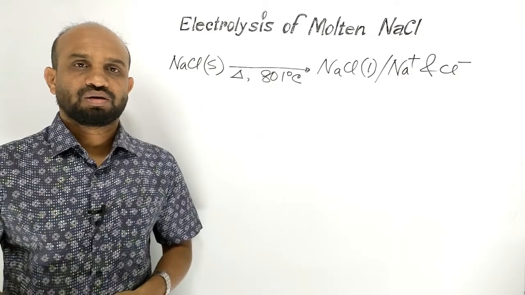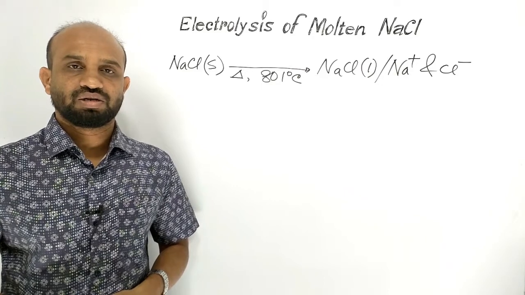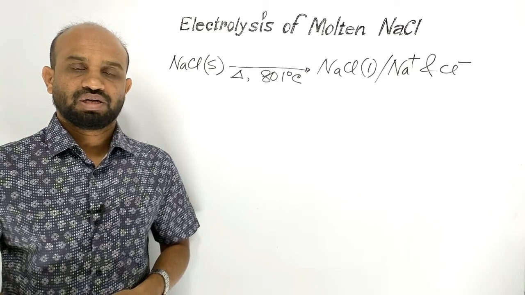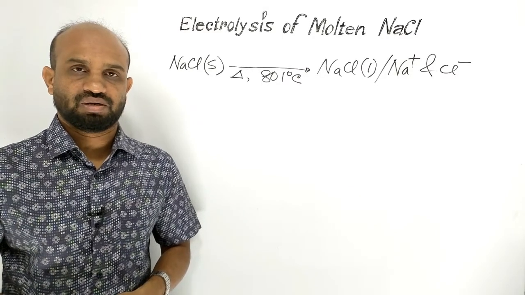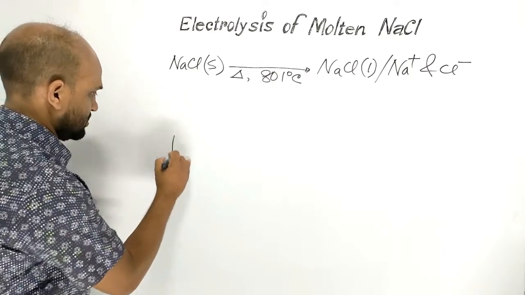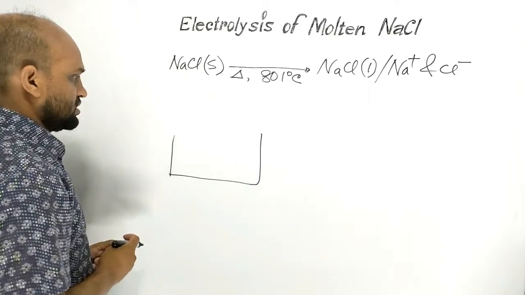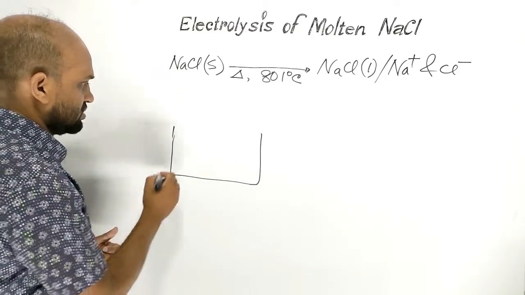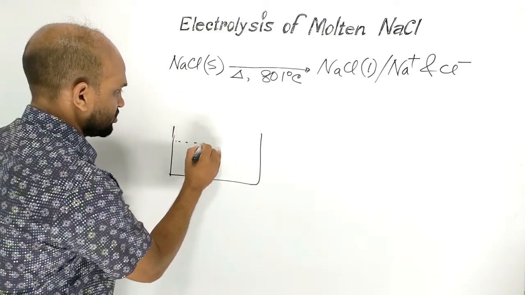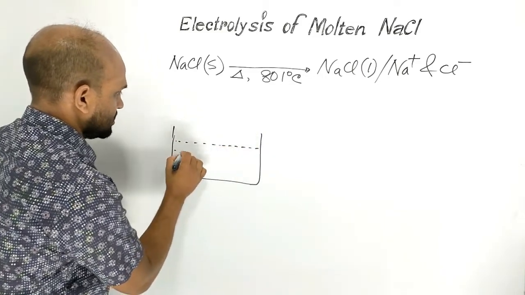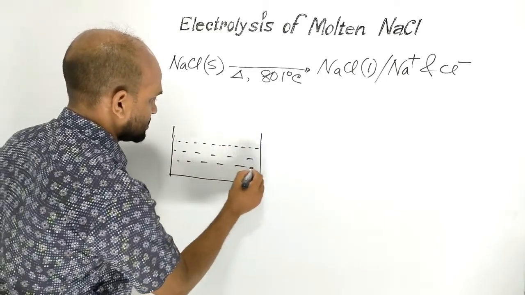Let us take a glass or ceramic vessel as the electrolytic cell vessel. In this vessel, molten sodium chloride, that is liquid sodium chloride, is taken.